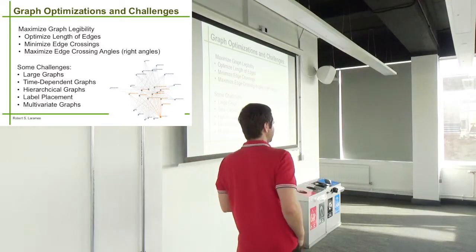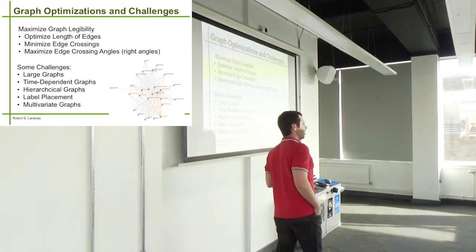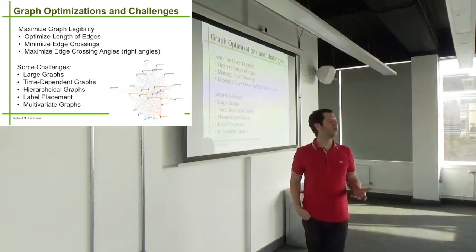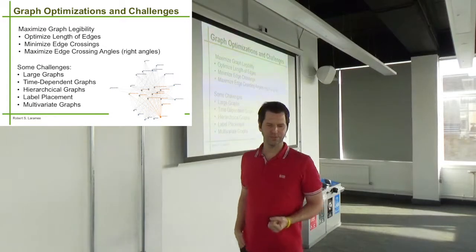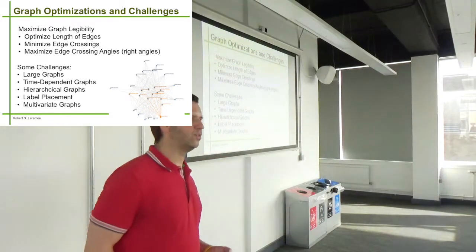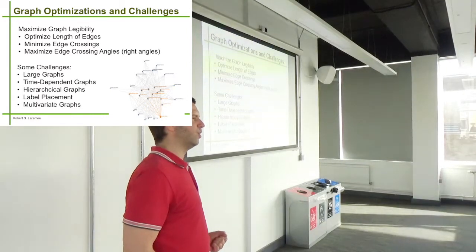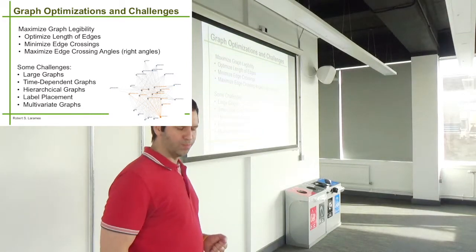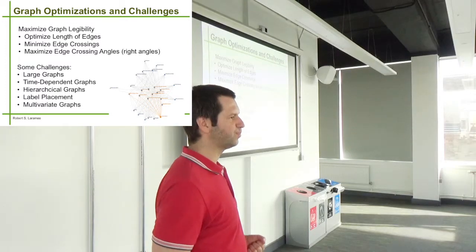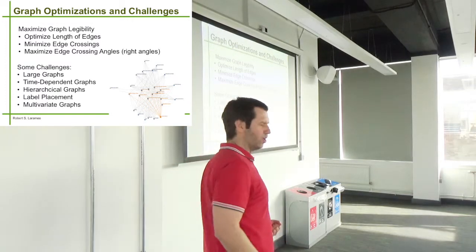And the challenges are, what happens when your graph has 1 million nodes? What do you do about that? If you have a graph with 1 million or 1 billion nodes? What happens if you want to represent time in your graph? How do you represent hierarchies in your graph? What about labels?